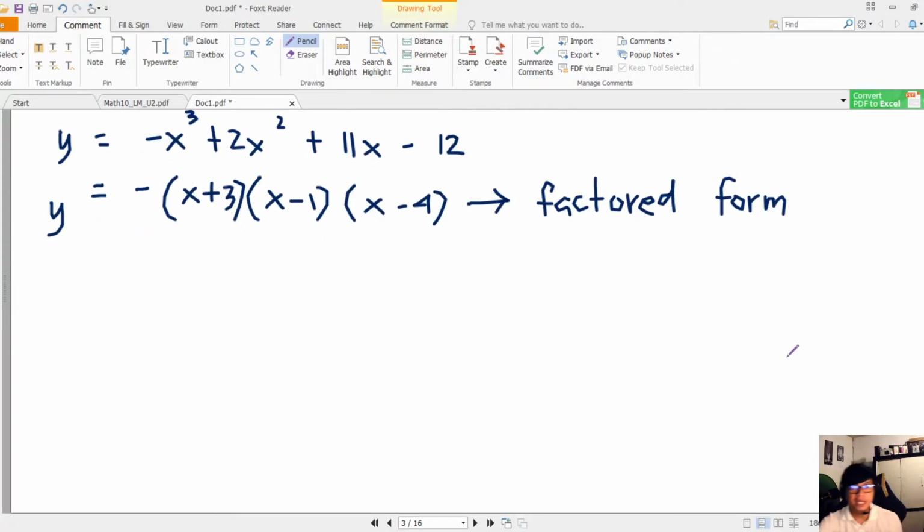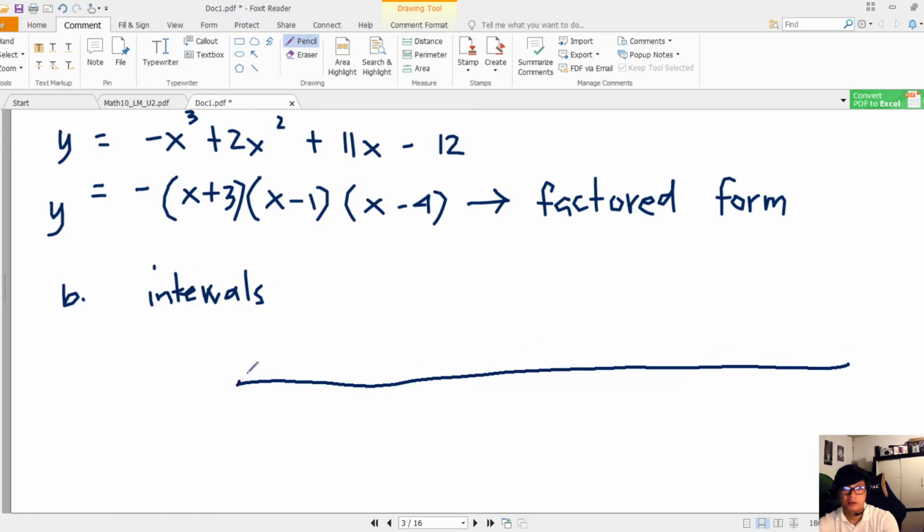Okay, letter B, we're going to identify the intervals. So, number line natin ito. First one is we have the negative 3. Tapos 1.